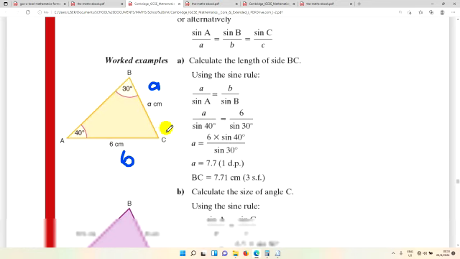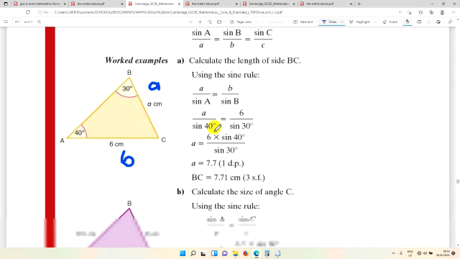The length of a, which is BC. So we have a over sine A, which equals b over sine B. So what is our a?